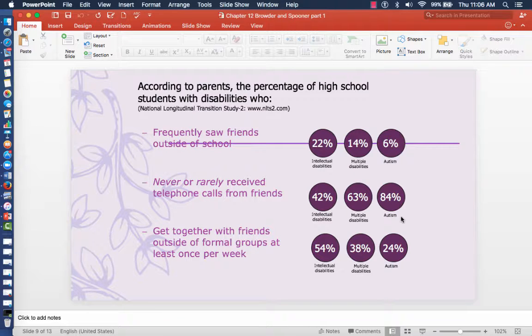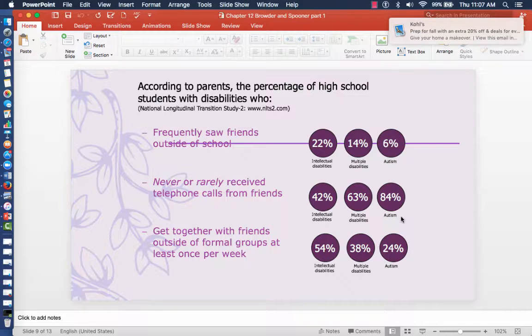Now, this is the percentage of high school, okay? You're going to see that the percentages really change here. Frequently saw friends outside of school, 22%, 14%, and with autism, 6%. Rarely or never received telephone calls from friends, 42% intellectual disabilities, multiple disabilities was 63%, and autism was a whopping 84%.